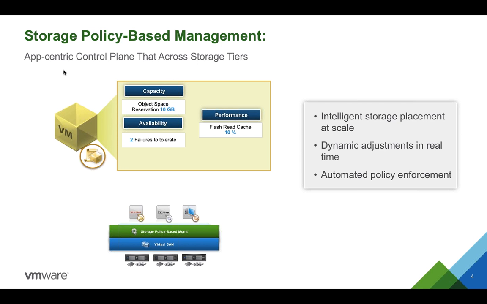So the system becomes an app-centric control plane that is able to leverage these capabilities across different tiers, in this case the different devices attached to individual ESX hosts. Virtual SAN particularly leverages three types of capabilities, capacity, availability, and performance, as you can see on the screen here. Those are the three capabilities that can be utilized within Virtual SAN in the form of a resource that can be consumed in many different ways.